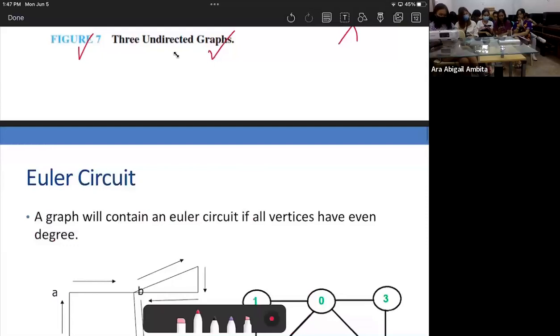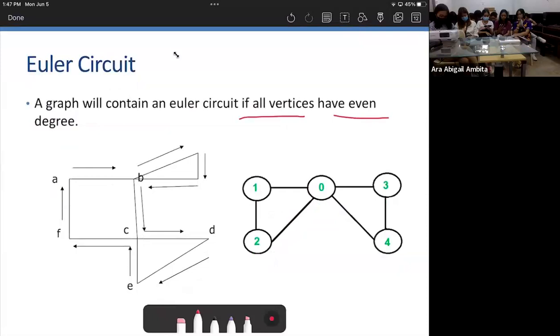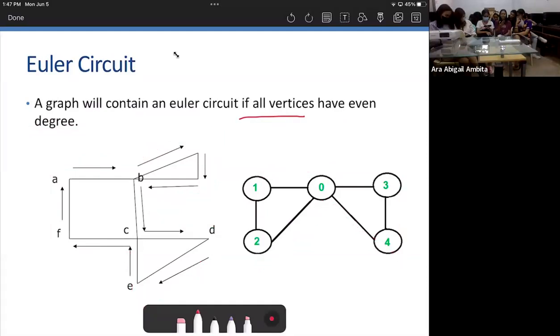So the graph will contain an Euler circuit if all vertices have even degree. Okay? So let us check. Or you can check also if they are really even. So in graph 2, this is 2, 2, and then how many? 4.